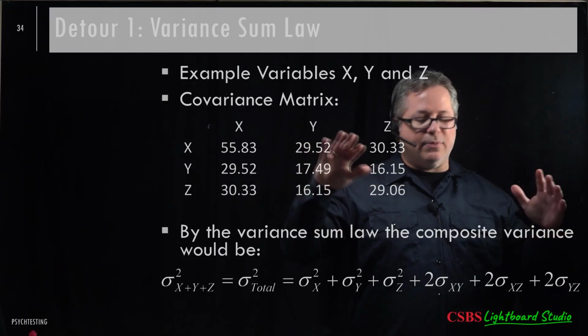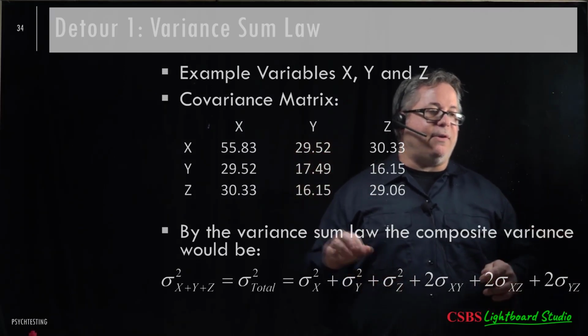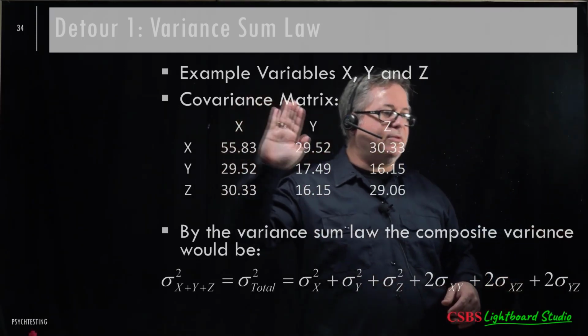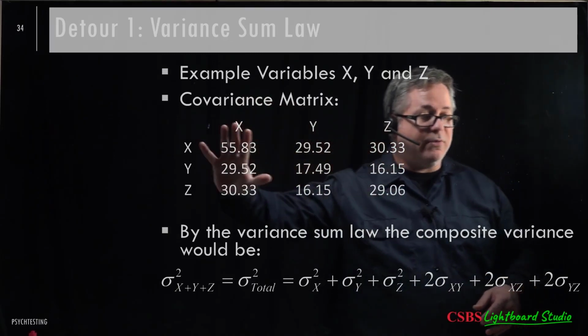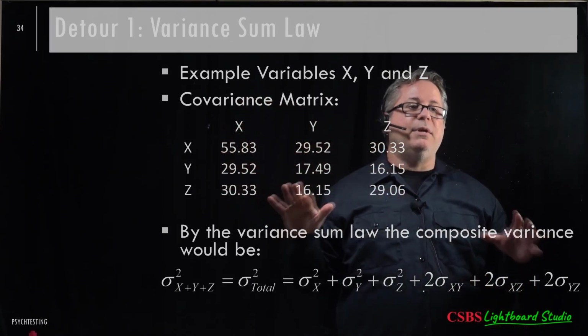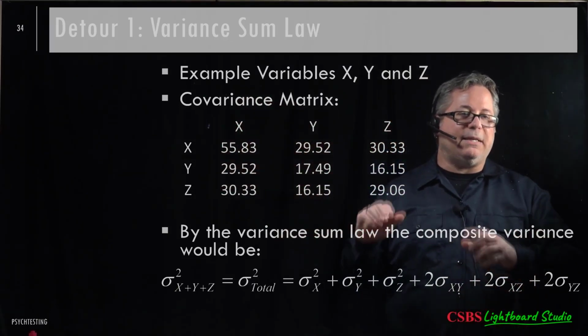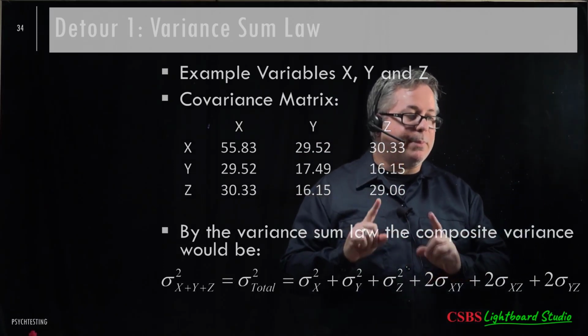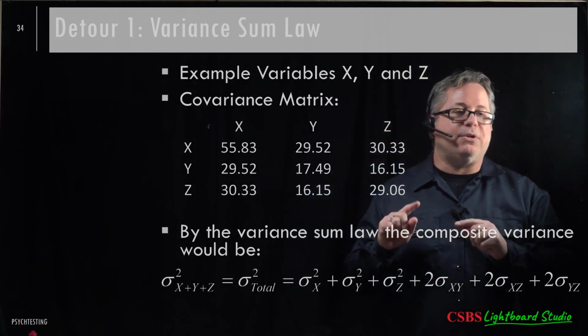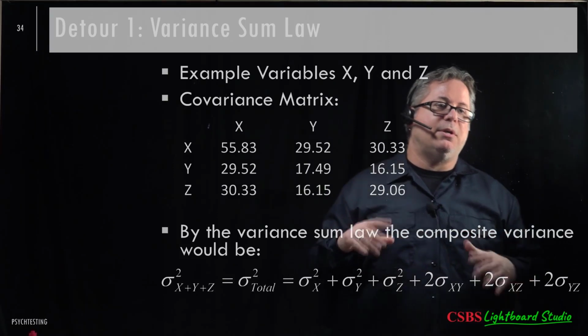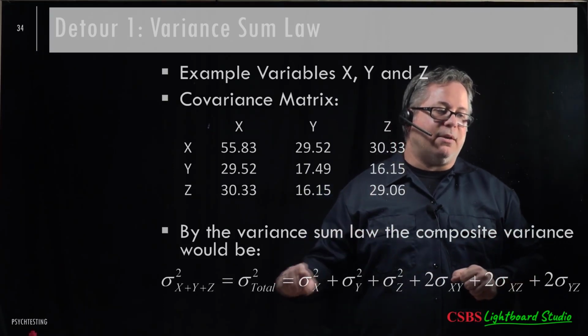So think about that for a second, knowing we just talked about the variance sum law. If I was to add x plus y plus z, now I don't even have their numbers. I don't have the individual scores for these. I can't technically add them up, but I don't have to. If all I want to know is the total composite variance, I can just expand it out.